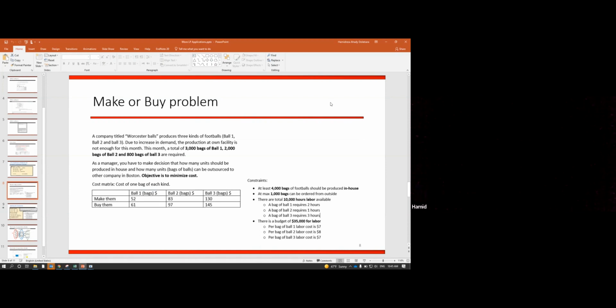You either buy or make 2 different types of balls, and each decision costs a different amount of money, and for sure your capacity is not enough to make everything at home. You need to purchase something, but you want to know how many of each type of ball you purchase to minimize your cost.